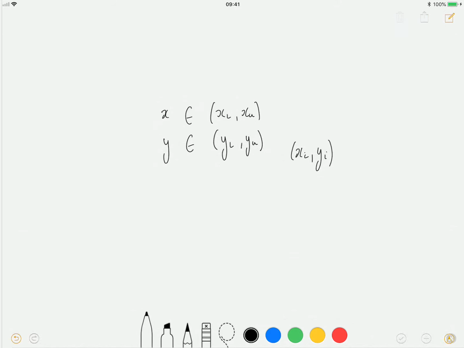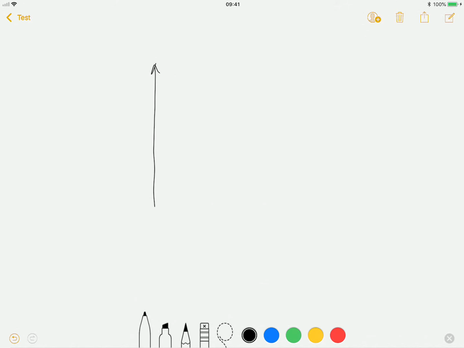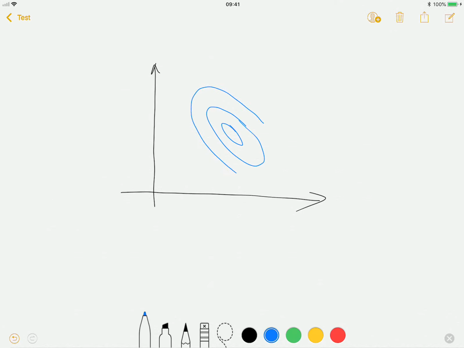So graphically, that would mean if I had a function, and I'm going to draw the two-dimensional contours here. It looks something like this. My random number generator would generate a number of pairs of x and y coordinates within this domain.